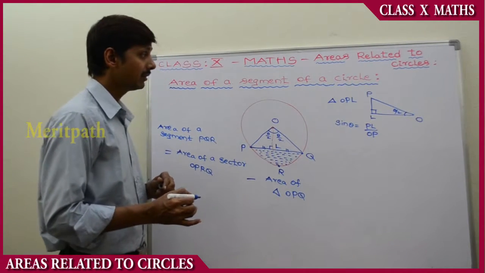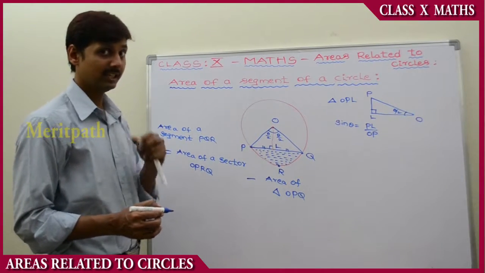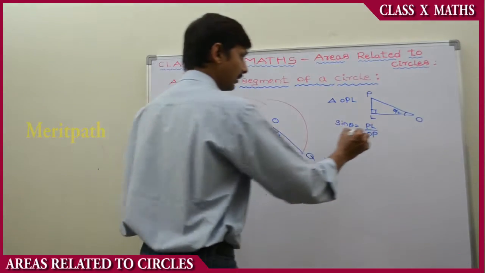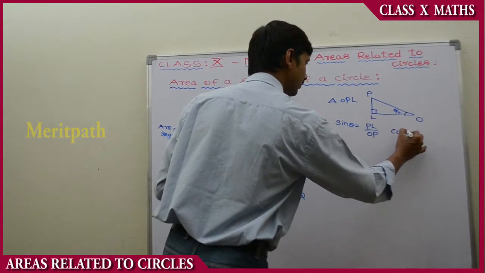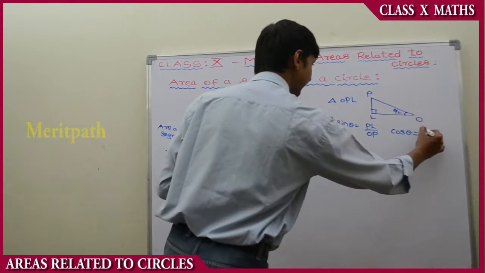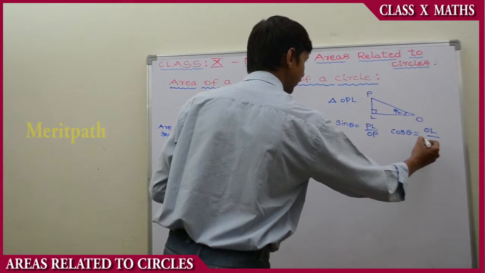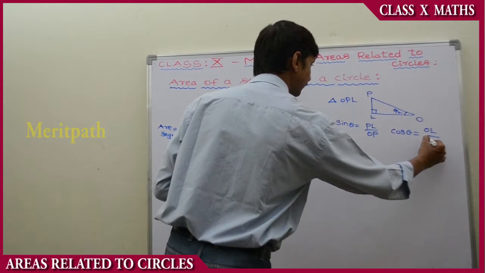And cos theta is equal to adjacent side by hypotenuse. The adjacent side is OL, the hypotenuse is OP.